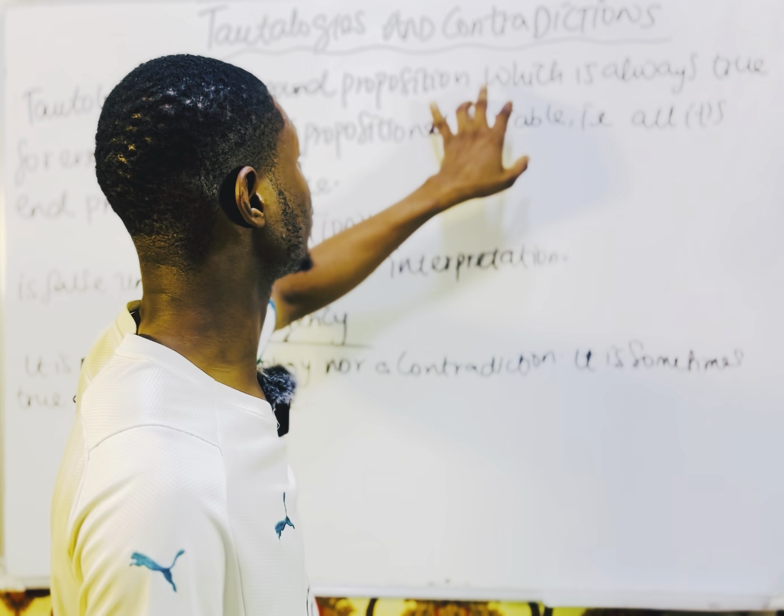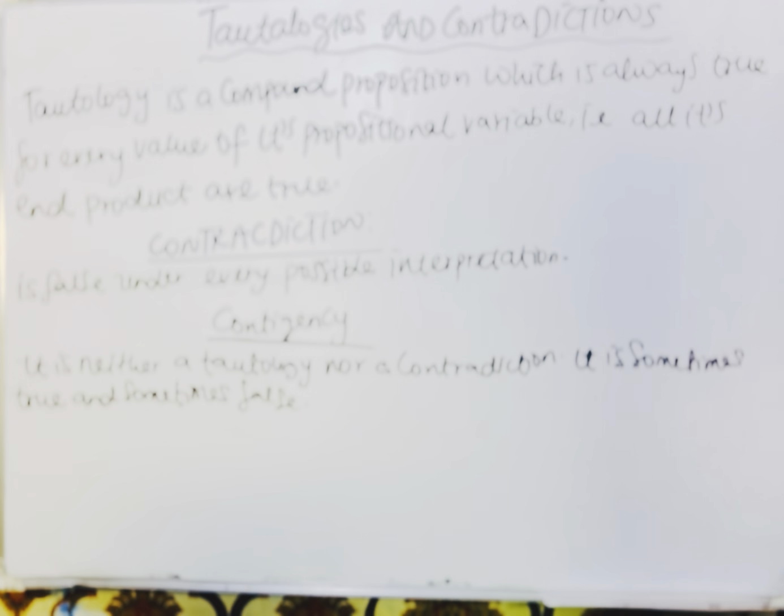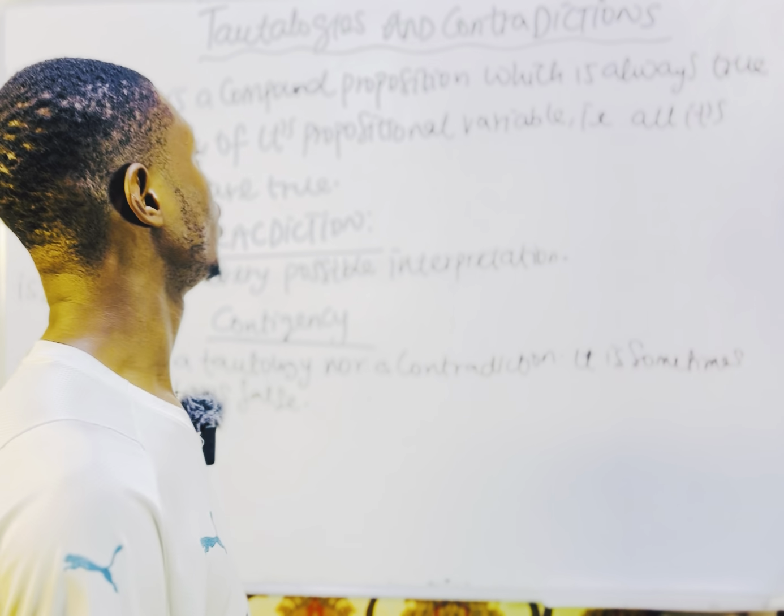So let's read from the board. A tautology is a compound proposition which is always true for every value of its propositional variables. That is, all its end products are true. You understand?